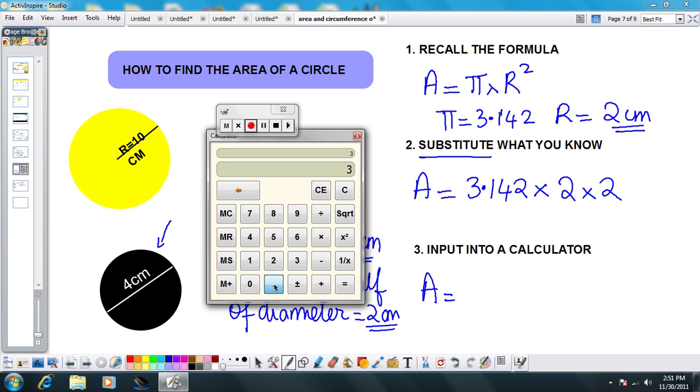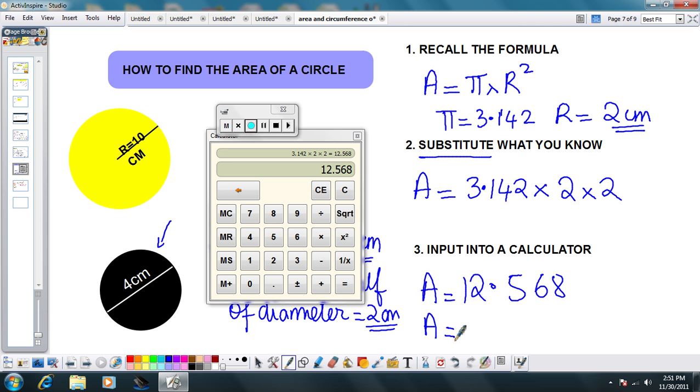So 3.142 times 2 times 2. And there's my answer, 12.568. If I want to round this answer to two decimal places, it would become 12.57. And finally, I'm going to write down the unit, and the unit for area is going to be centimeters squared.